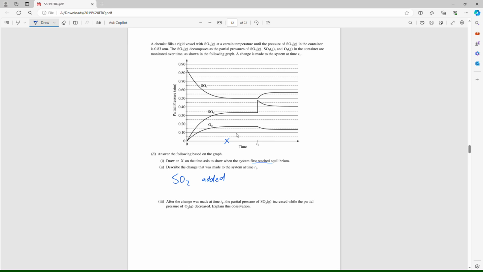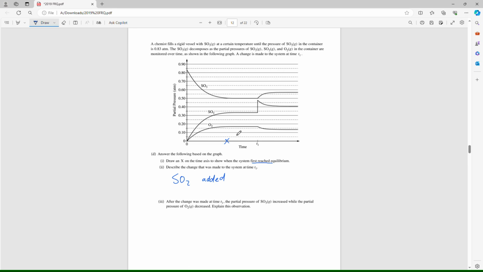Either one is fine. I'm going to use the first equilibrium values. So O2's got a pressure of about 0.17 atm. SO2 has a pressure of about 0.33 atm, and SO3 clearly has a pressure of 0.5.